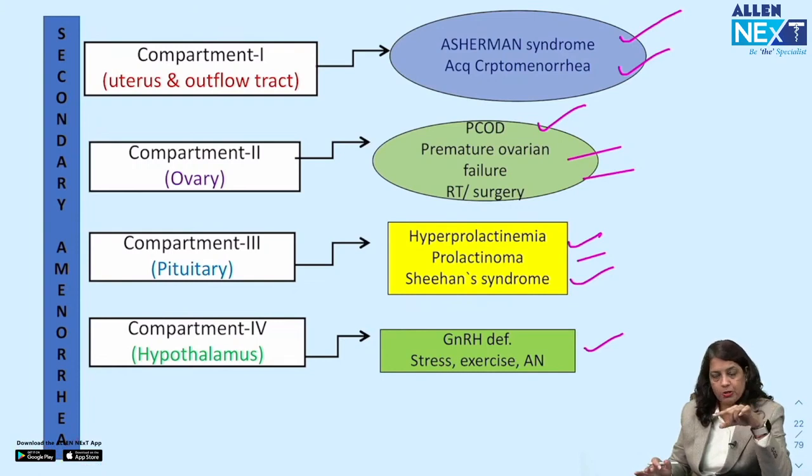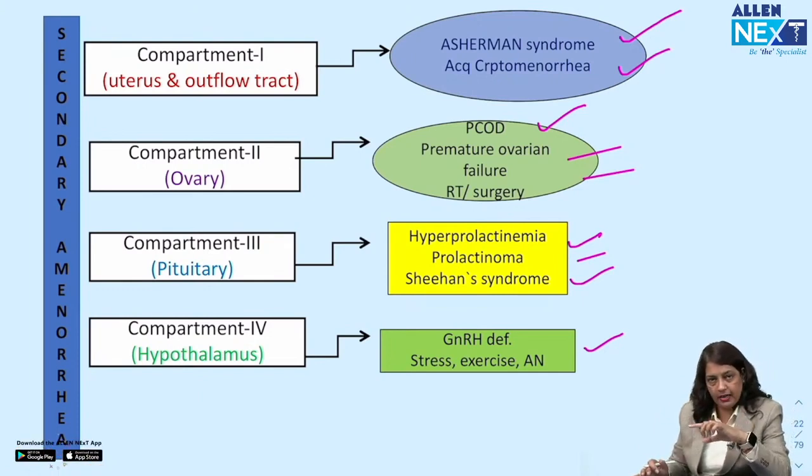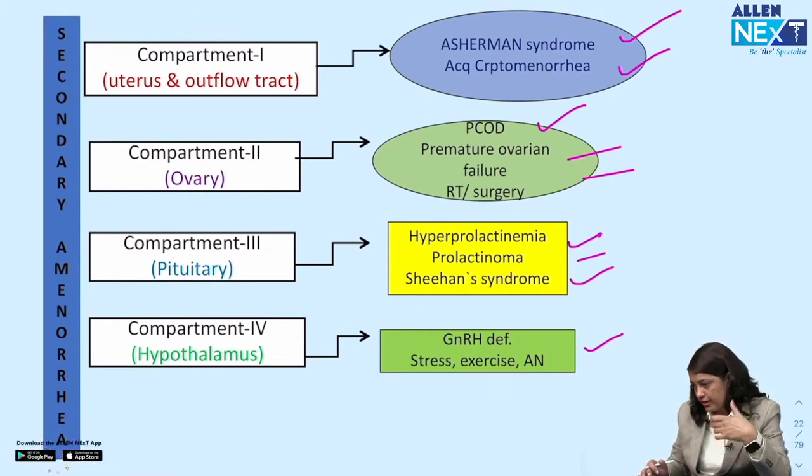If you can see strawberry spots, then it is trichomoniasis. If there is no itching and on microscopy you can see clue cells, that is, vaginal epithelial cells with bacteria attached, then it is bacterial vaginosis. You can also do a slide test, the amine test or whiff test. So you can differentiate the type of discharge.